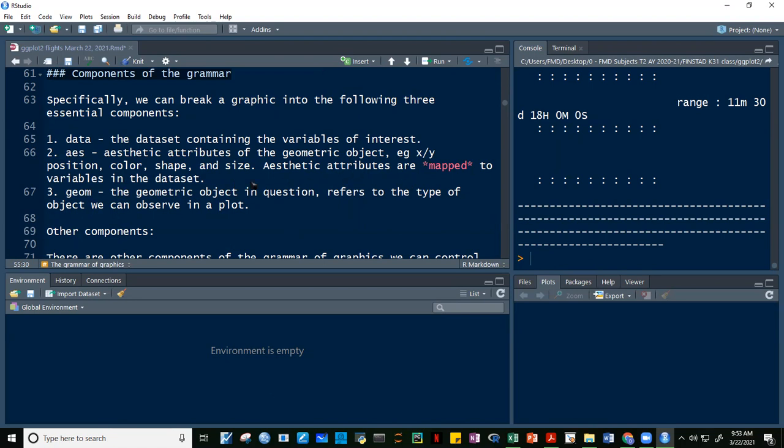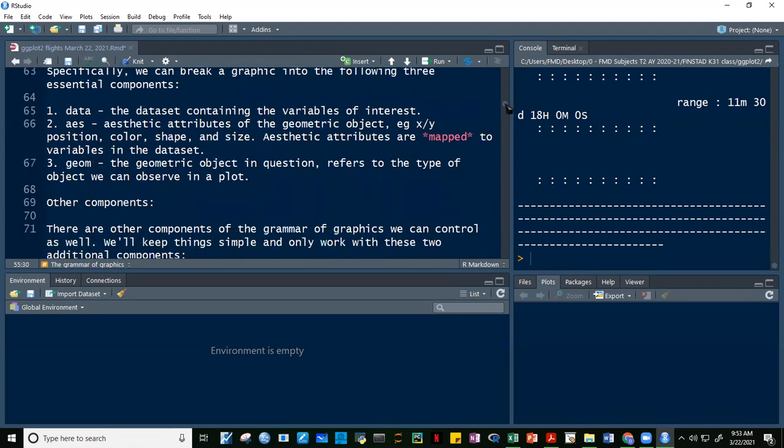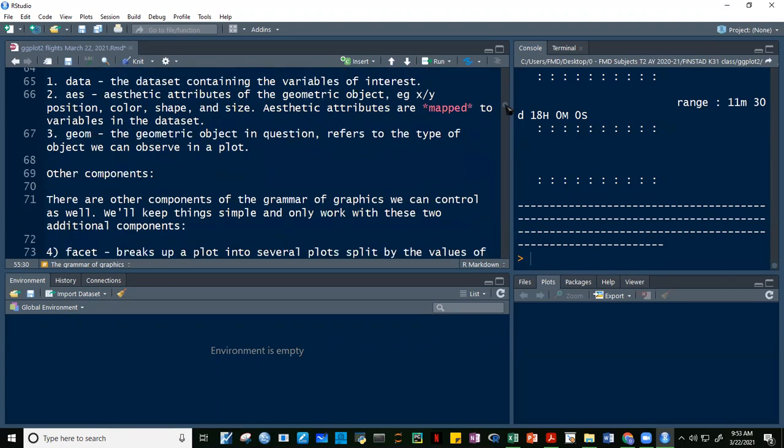And the third layer is the geom. Ito na yung object, guys. So you may have the data, you may have the aesthetics, but if you don't have the geom, then you won't have a plot. You may have the aesthetics and the geom, but without the data, what are we plotting? So these three elements are important in order to come up with a plot using the grammar of graphics.